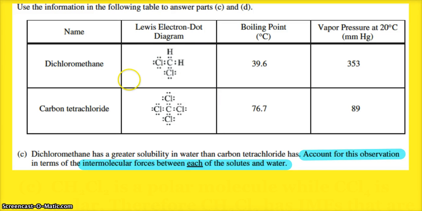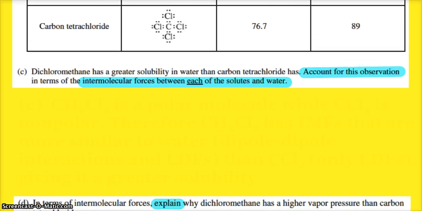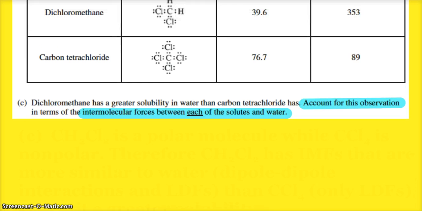Okay, so dichloromethane is more soluble in water. Remember what that means. Its IMFs have to be more similar than the carbon tetrachloride. And again, account for this observation in terms of the intermolecular forces between each of the solutes in water. So I have to mention not only dichloromethane, but also carbon tetrachloride.